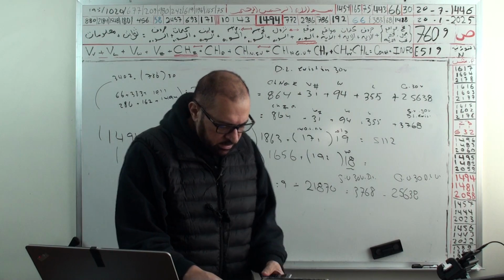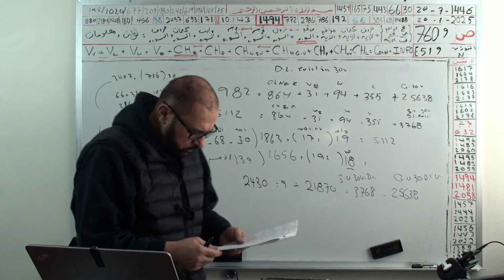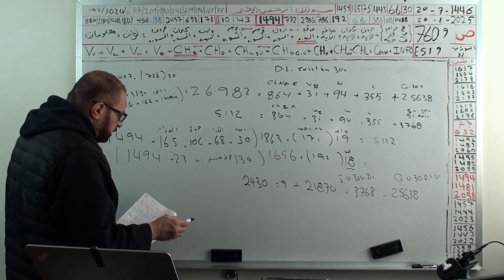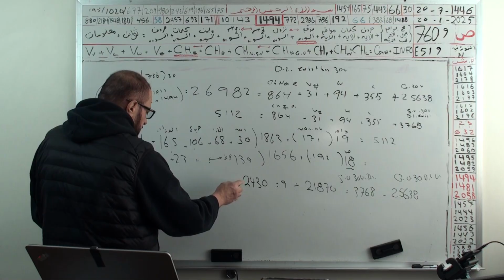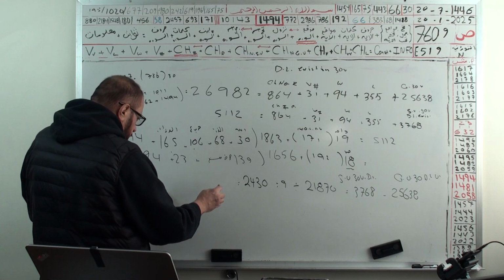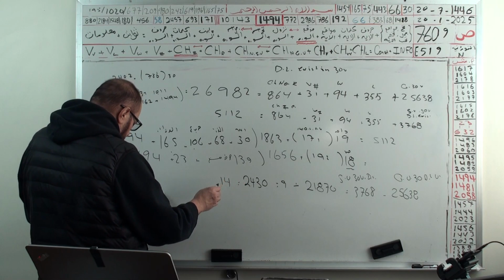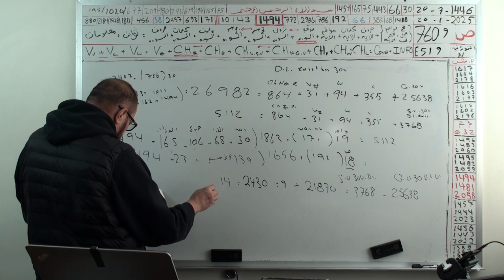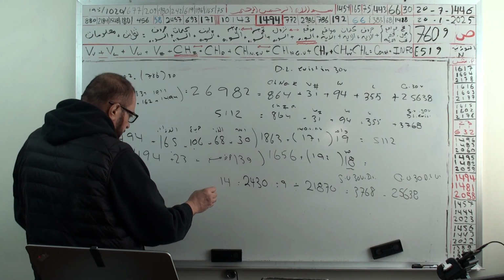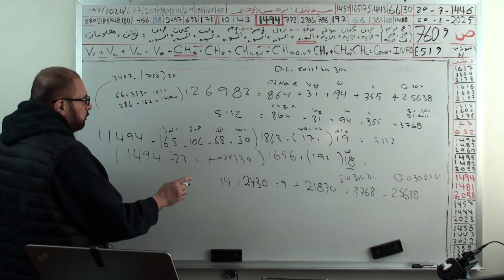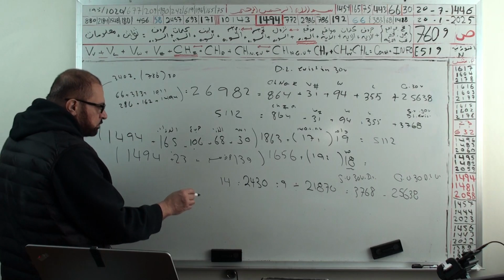I decoded this as follows. Let me share this information with you two ways. I decoded this number, which is the result, as follows. 14, which is the total amount of the disjointed letters, times 58. Why do I use 58 as a constant?